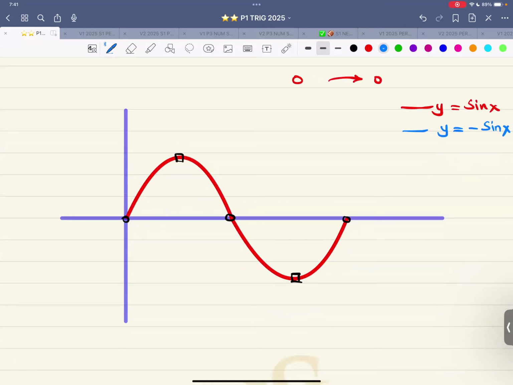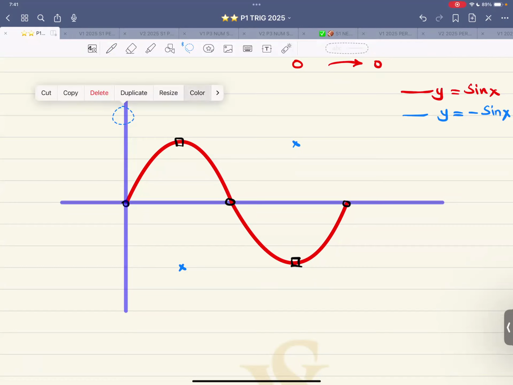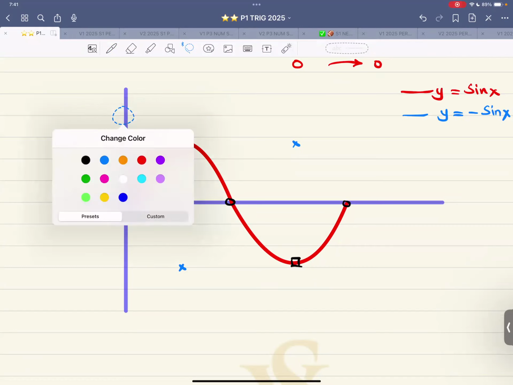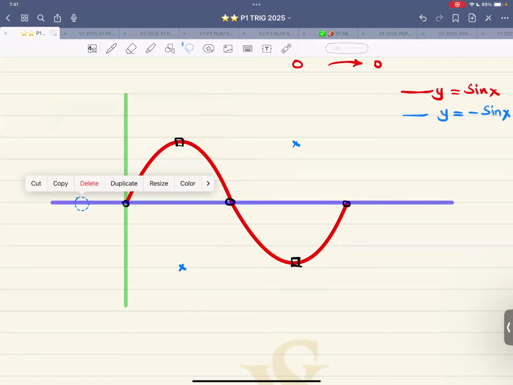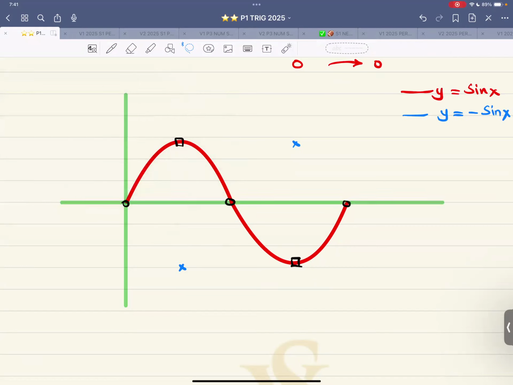Now, if I want to draw negative sine x, what I'll do is that this value is over here. This value goes up like this, approximately. And the graph is like this. Let me make it green. So now if I want to draw this graph, I'll go like this.